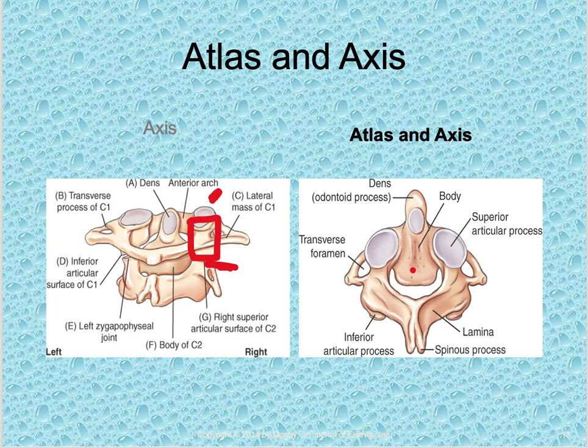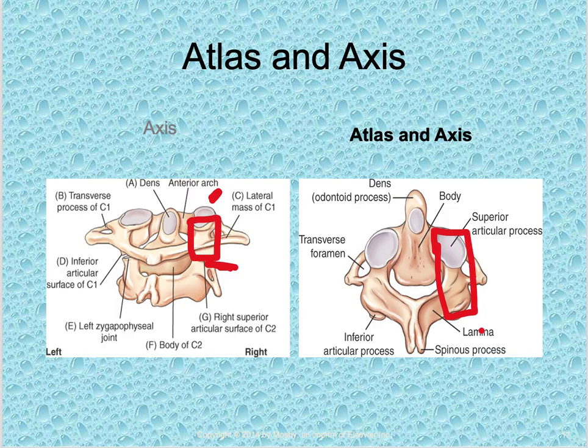Okay, so C2, it does have a body, and the dens protrudes off of it. So it has the superior and then the inferior articular process. But once again, it is called a pillar that those articular surfaces are on.